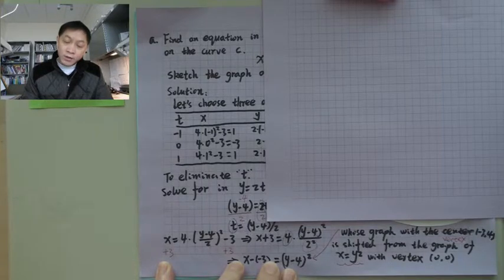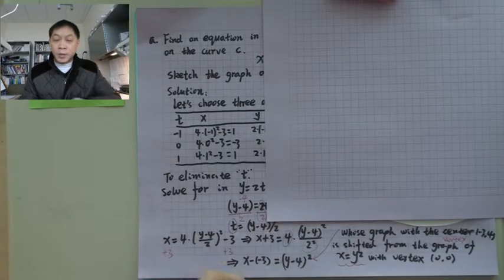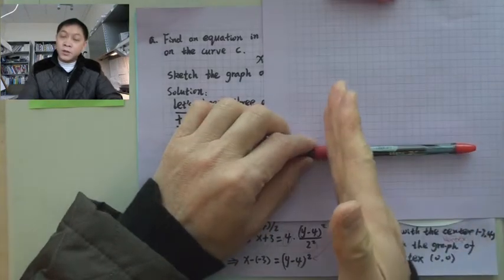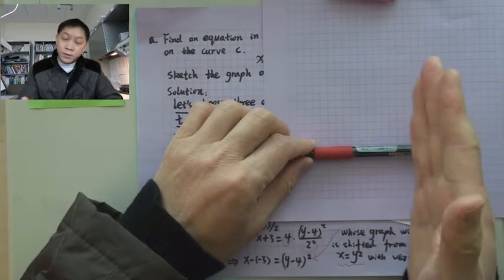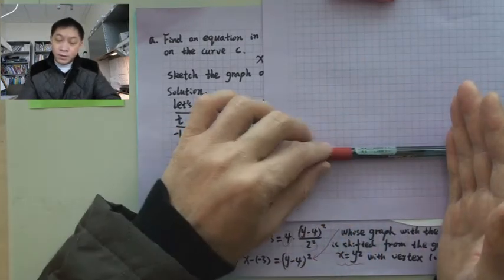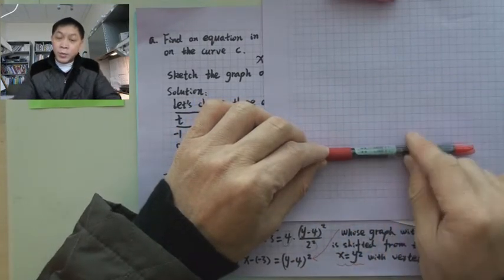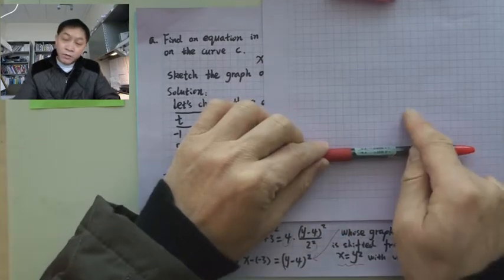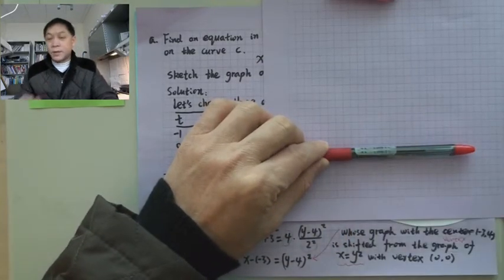Okay, y can be positive, negative. So x is to the right, that's positive, on the right hand side of the y-axis. And then y can be positive or negative. So the graph is basically like this.